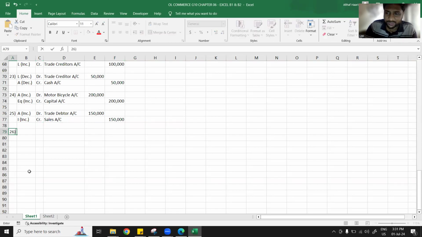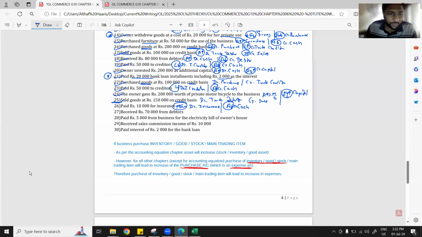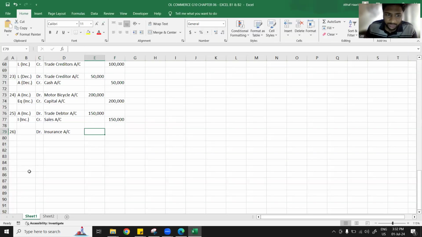Debit insurance, the value 10,000, credit cash 10,000.